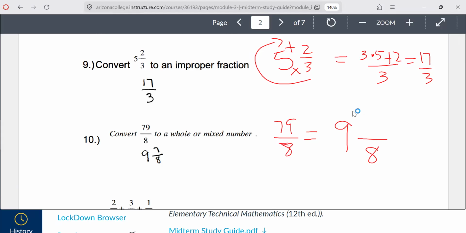For the numerator, you're looking for the remainder. 9 times 8 is 72. If I subtract 72 from 79, that should give me 7. So I put the remainder there, and that's it.